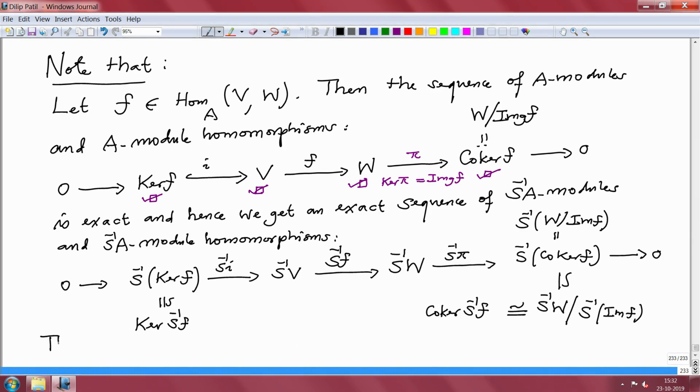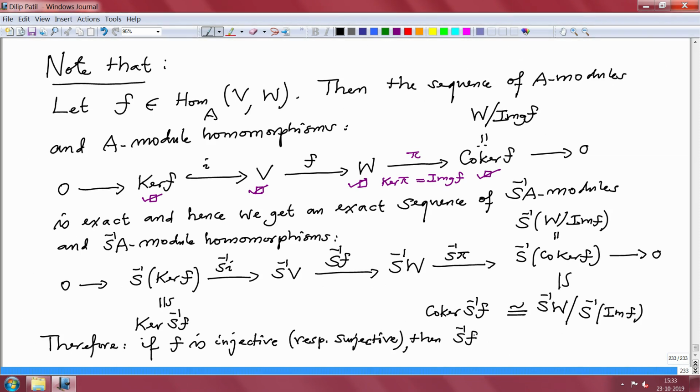Therefore, one more conclusion I write. Therefore, if F is injective, respectively surjective, then S inverse F is injective, respectively surjective.